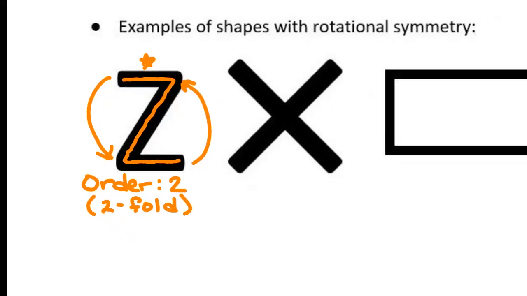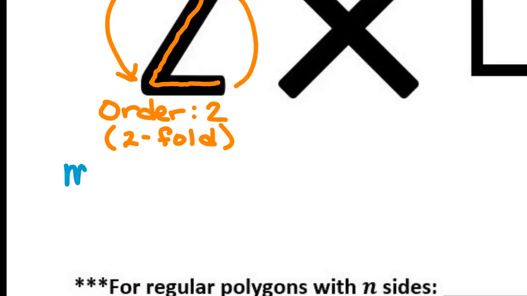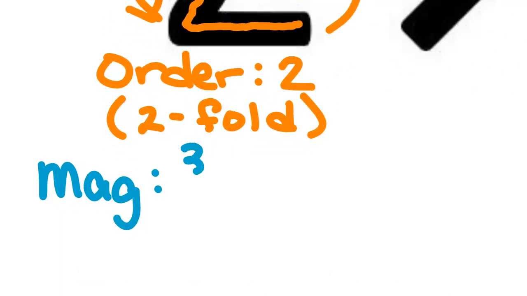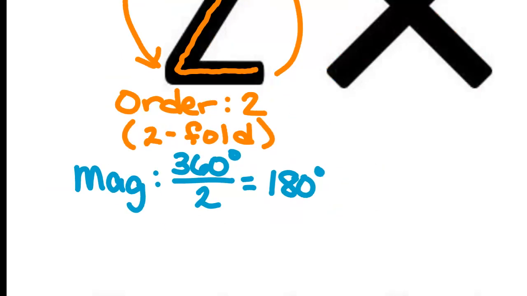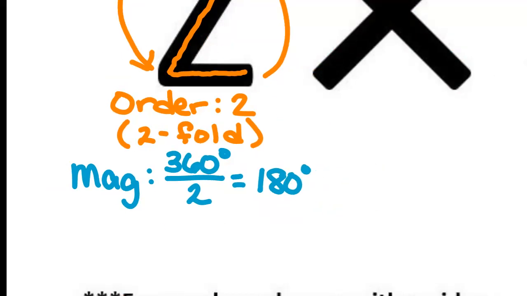So my order is 2. That means my magnitude, which I'm going to abbreviate as mag, is 360 degrees divided by the order, divided by 2. So the magnitude would be 180 degrees.